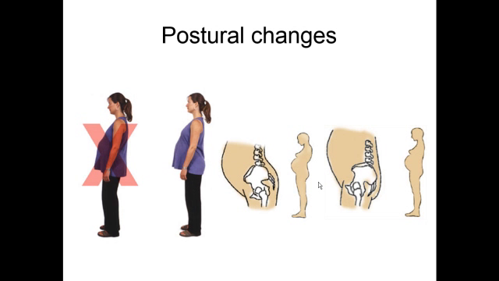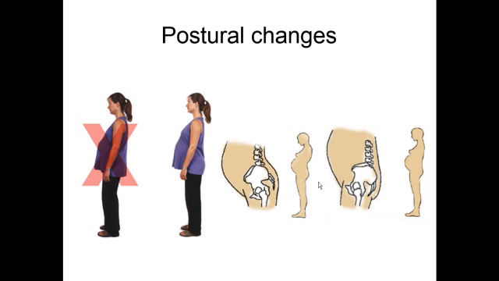That increased weight will be pulling down in front of the pelvis and will promote anterior pelvic tilt and a lumbar lordosis. So we want to encourage that up and in maneuver with a more neutral pelvis and create some stability so that we don't see all these compensatory postural changes.